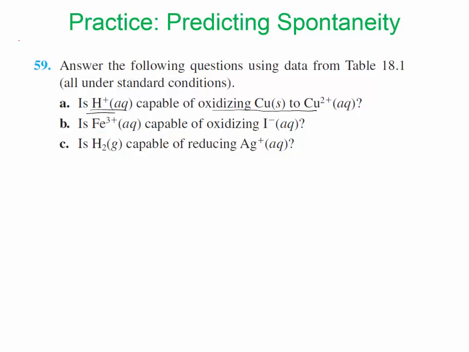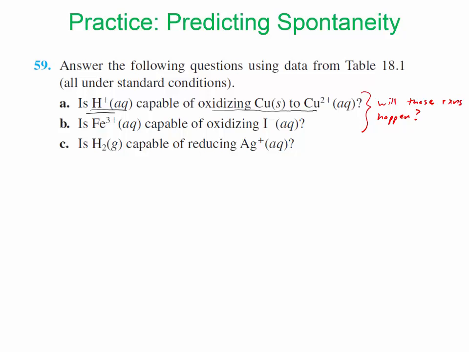When this says predicting spontaneity, we're trying to figure out, will this reaction happen? Will these reactions happen is what we're trying to figure out.